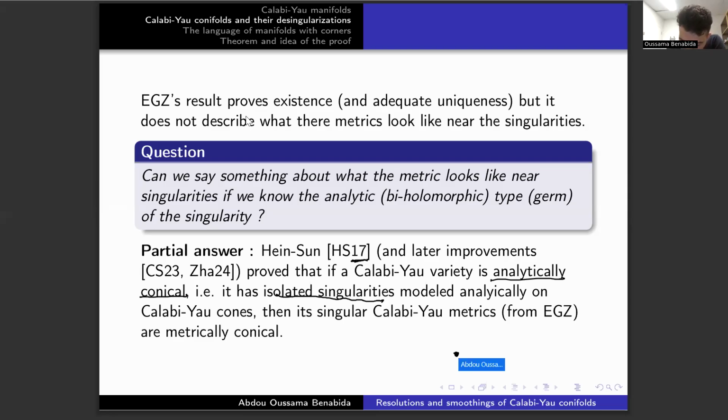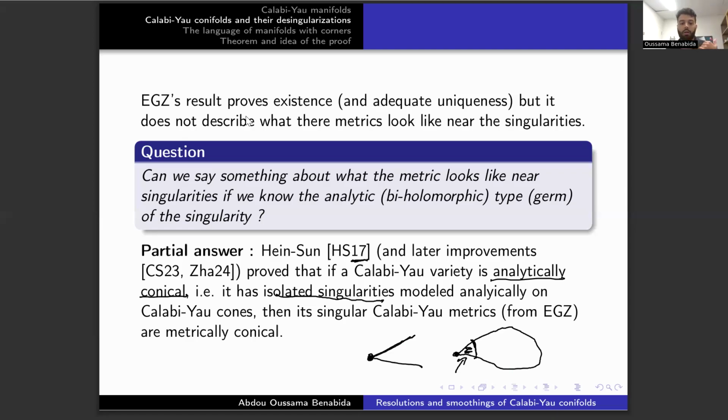So this means that near the singular points, there is a neighborhood of the singularity which is analytically isomorphic to a neighborhood of the vertex in a Calabi-Yau cone. What we mean by Calabi-Yau cone is that it's an affine cone which has trivial canonical bundle.